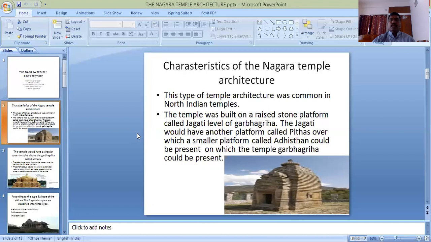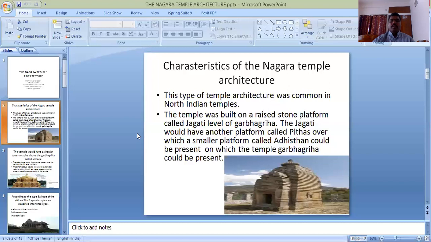That is the common term for the ancient Indian temple architecture, Nagara temple architecture, and it specifies the temples which are situated in the North India region.